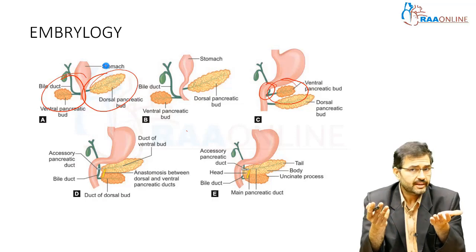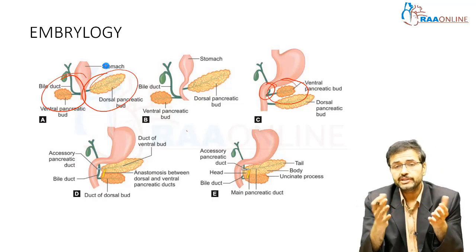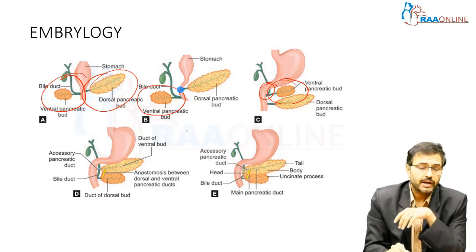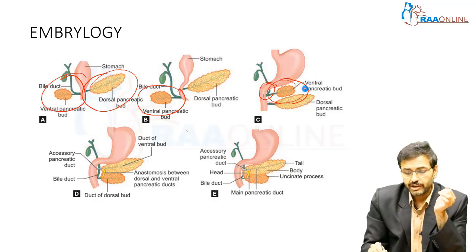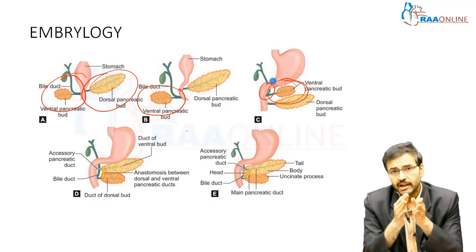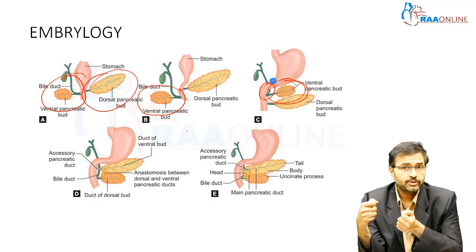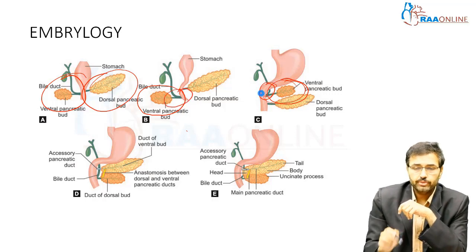So what happens next is that the gut elongates. Because of the differential elongation of the gut wall, the ventral pancreatic bud, which was located on the right side, rotates and comes to the left side. When the ventral pancreatic bud comes to the left side, it carries with it the biliary duct opening as well and brings it onto the left side.